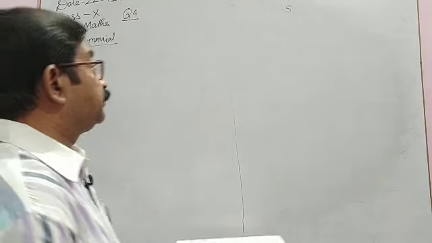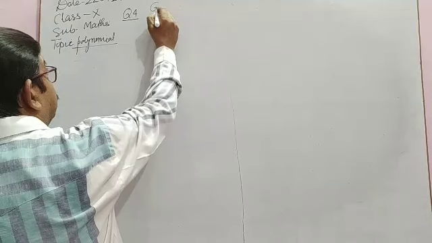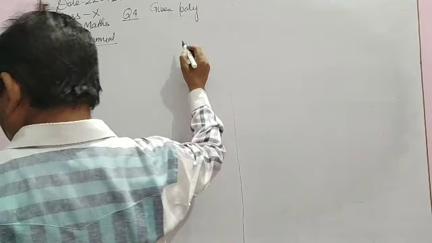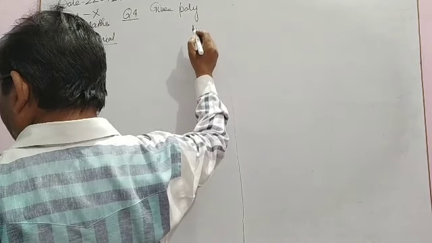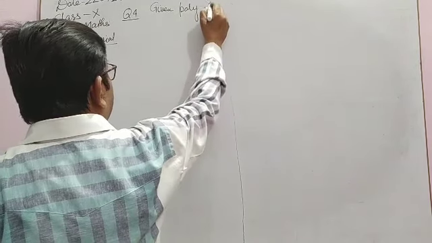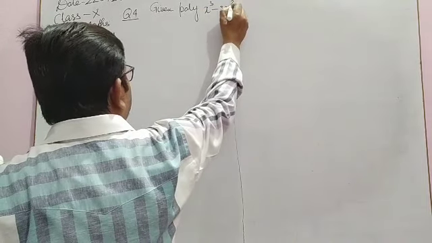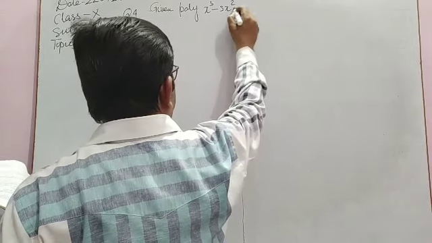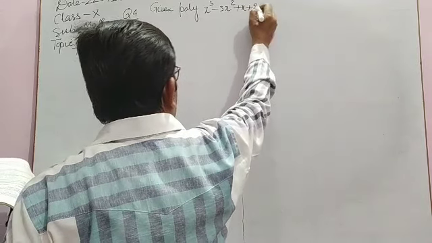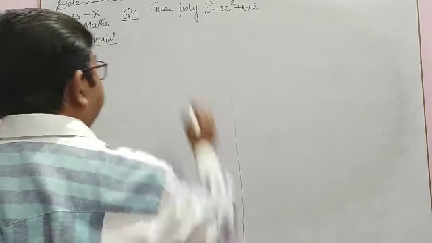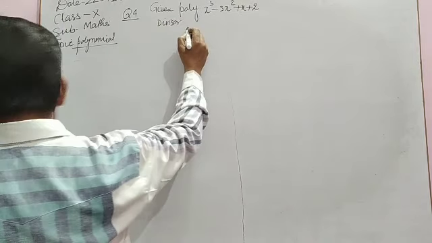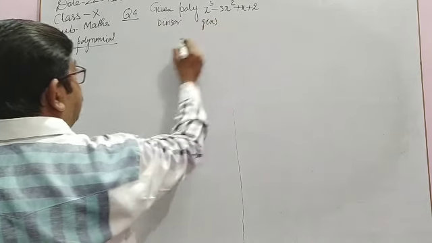Means see, what is given? Given polynomial is x cube minus 3x square plus x plus 2. This is dividend. Divisor is g(x).